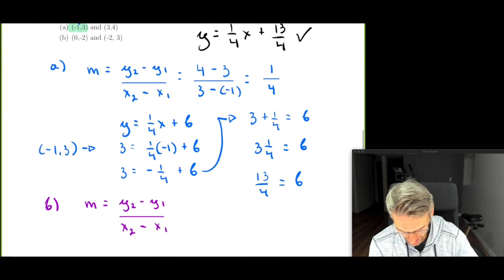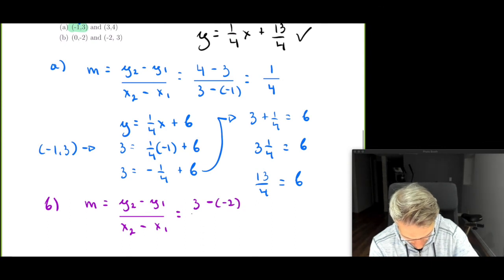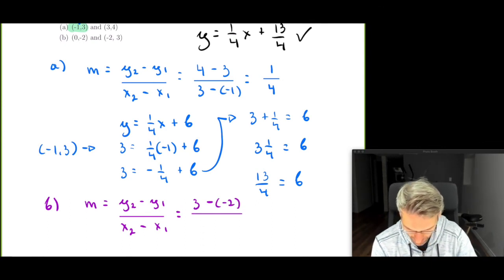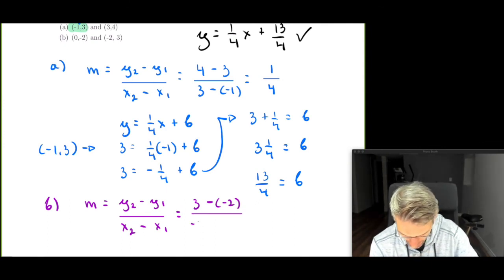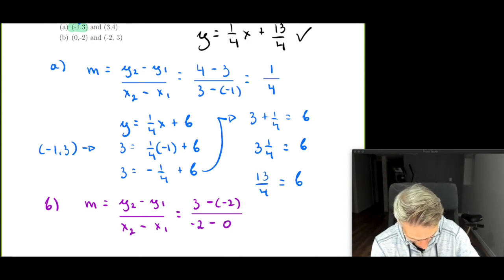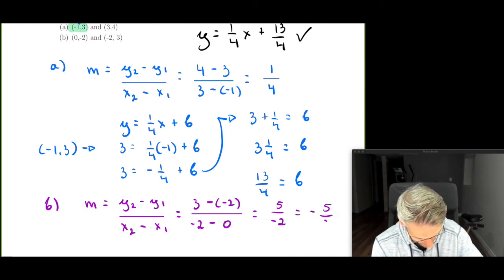Okay, so my slope is going to be 3 minus negative 2, all over negative 2 minus 0. So my slope is actually 5 over negative 2, so this is negative 5 over 2.